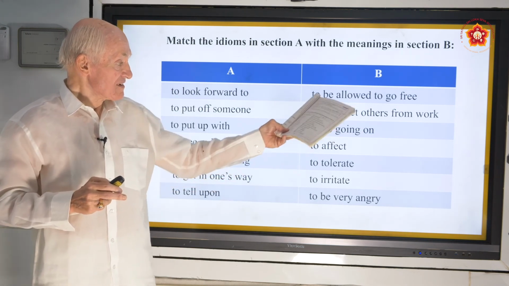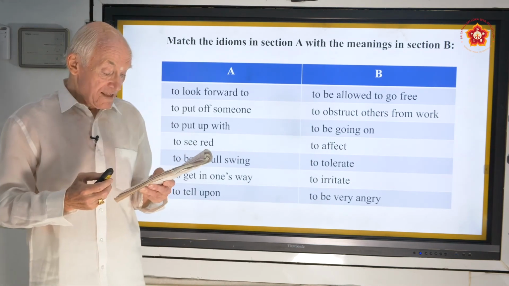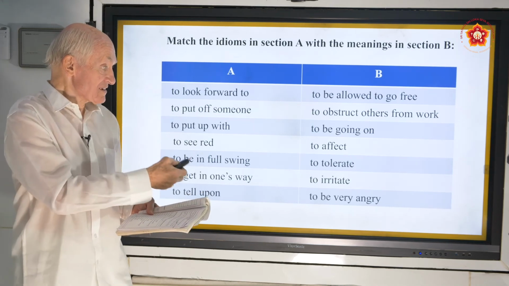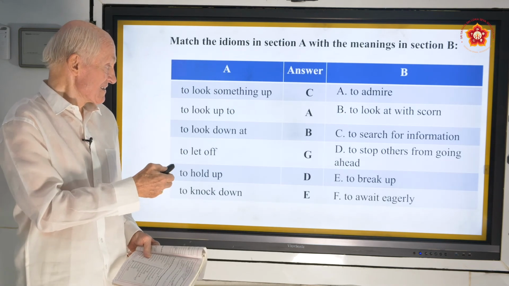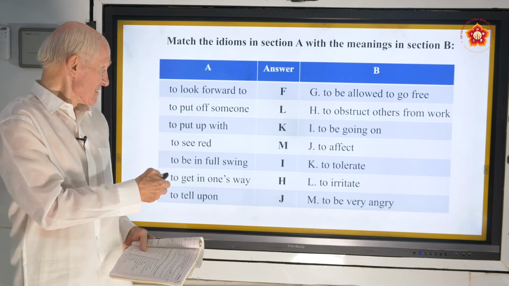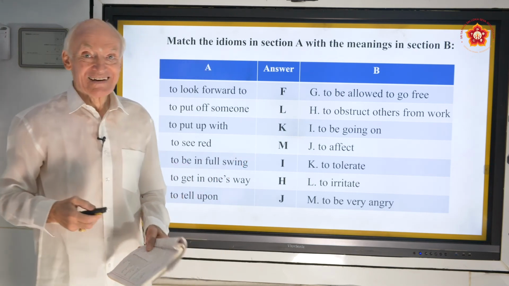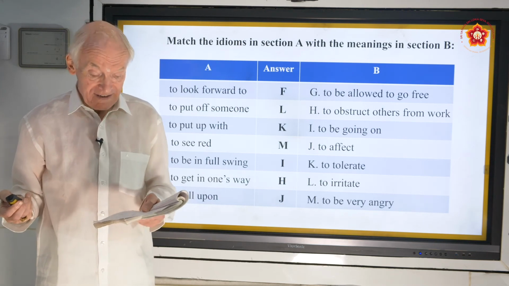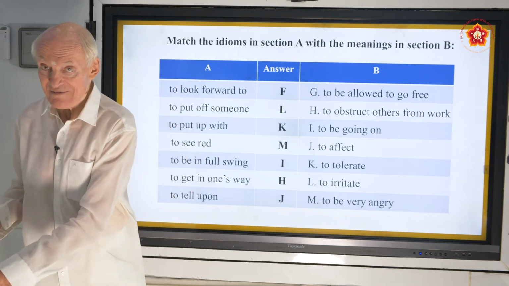You're getting in somebody else's way. So the last one is to tell upon. So we have all of these here, and so the correct answer would be to tell upon. J, okay, to affect. You have an effect. When you tell upon somebody, you affect what they're doing. So these are the idioms, and this is the matchup that we have.